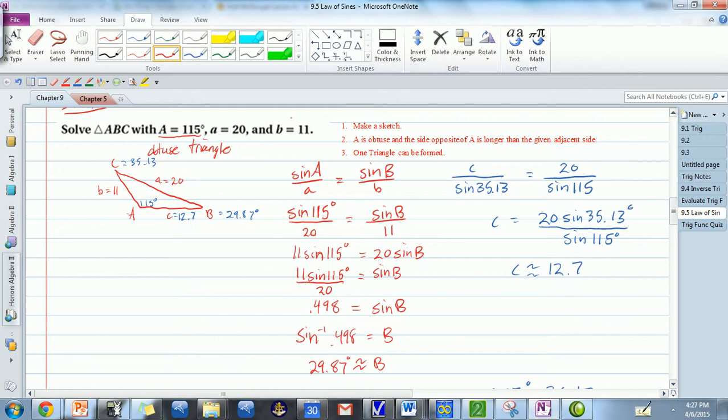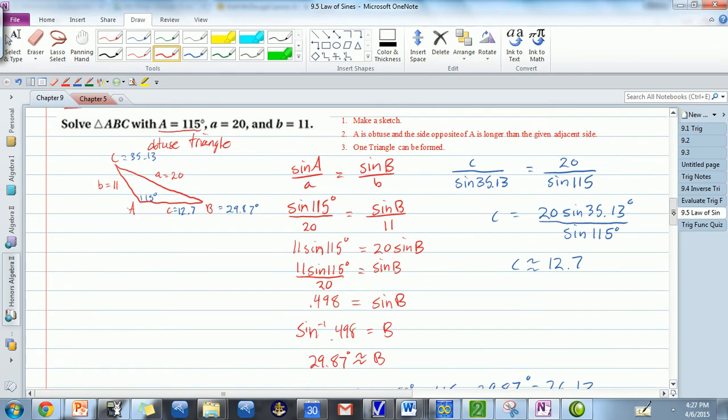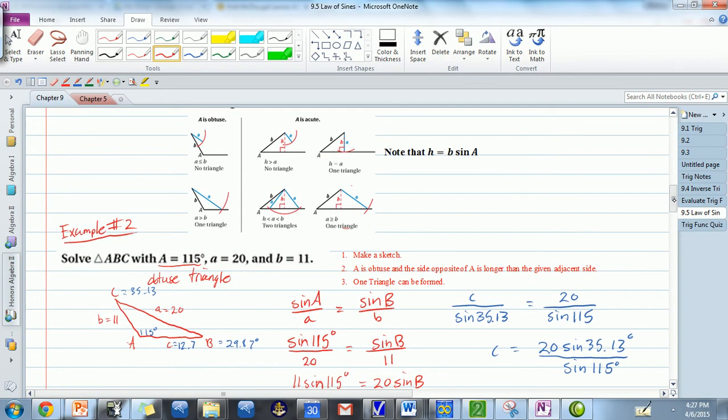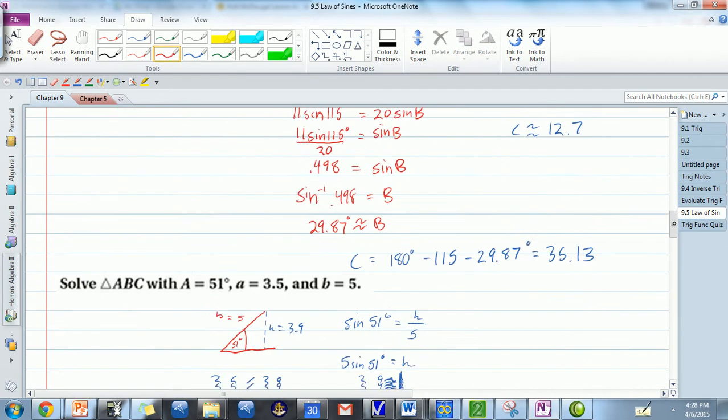We have 2 sides, 20 and 11, and with all of that, we were able to find all the angles and all the sides. The reason why with that obtuse case right there is because A was greater than B. A was 20, B was 11, so therefore we have one triangle. If A was less than or equal to B, we would have had no triangles. That was the obtuse case.